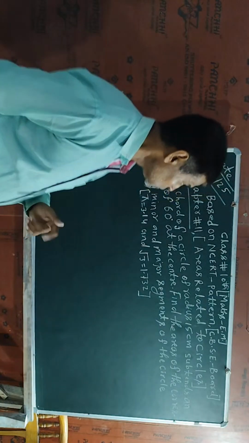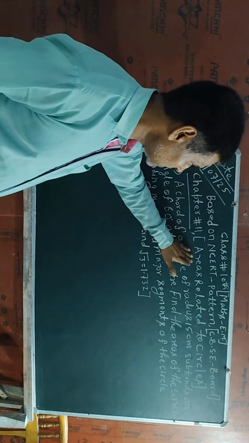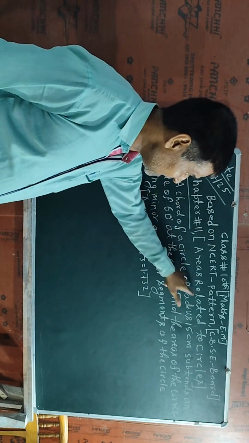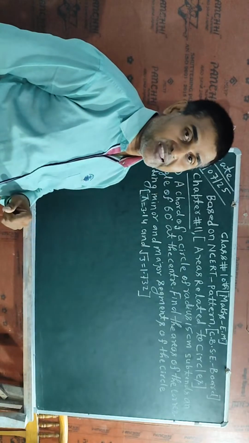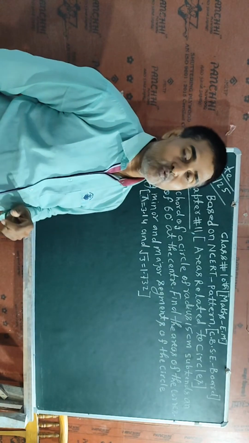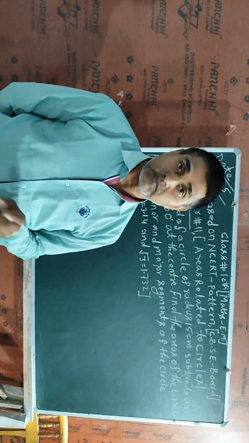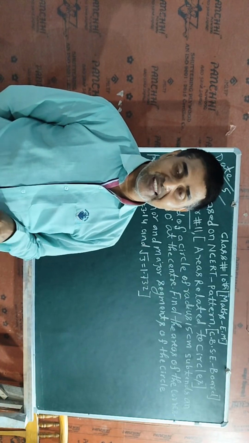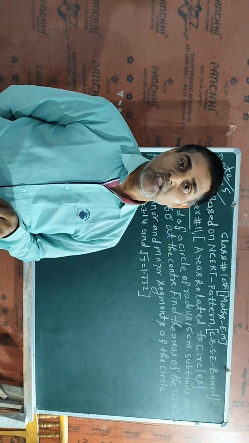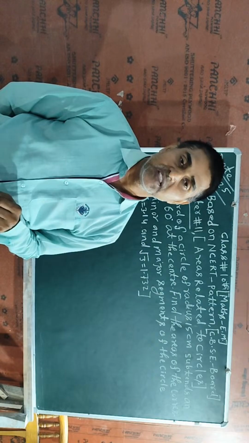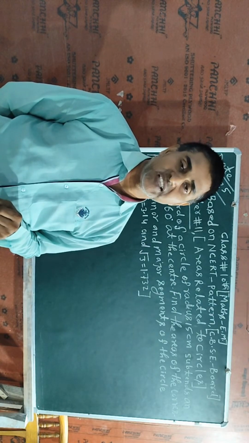Okay students, first of all I will explain again the concept of area related to circles. If any sector is given, how do we find the area of that sector? The region enclosed by two radii and the corresponding arc is called a sector of a circle.